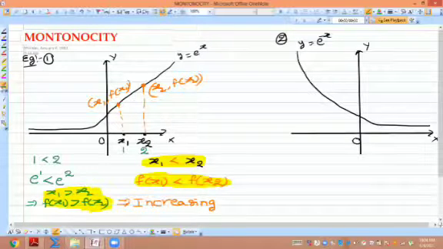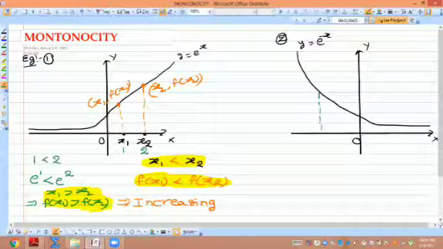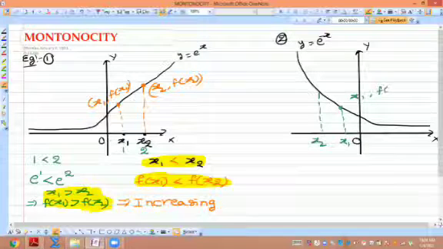Now in the same way, observe this side also. This is x1, this is x2. So what is this point? Tell me all of you. x1 comma f of x1.